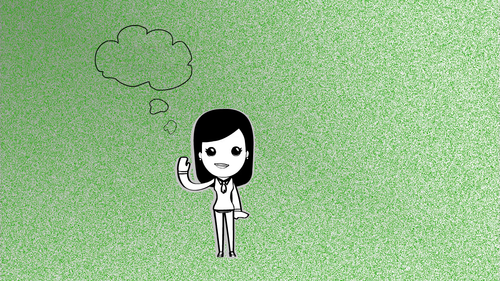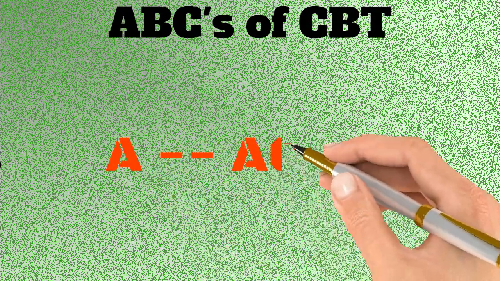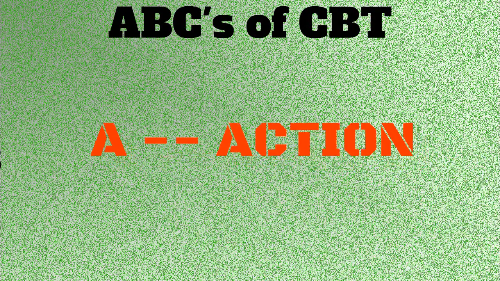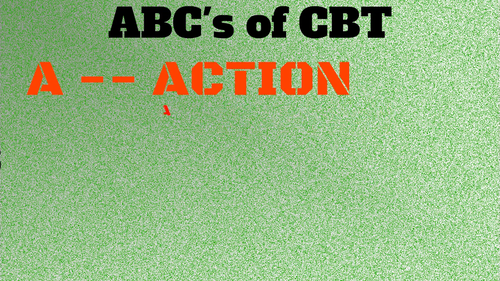It uses a very simple way to remember the underlying principles called the ABCs of cognitive therapy. At A, we have the action or the antecedent event that you react to. Something as simple as a statement made by another person or perhaps a story reported on the news.